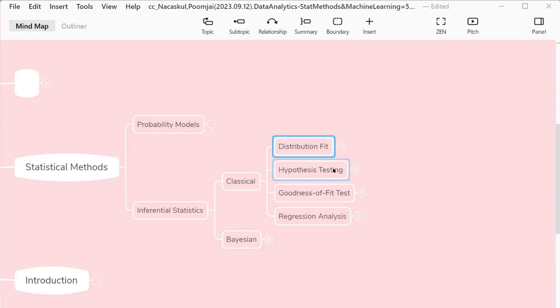Second, hypothesis testing. This is when you ask a lot of questions. And here, most of the questions will be about the means of different populations. Or the other thing I can ask is a combination of the beginning. If you came up with the distribution, let's say you fit this data, and for some reason your best fit is that this data has a gamma distribution with parameters 2 and 3.